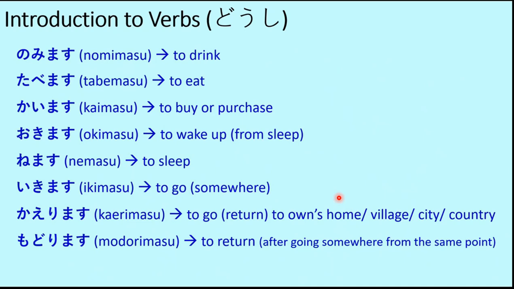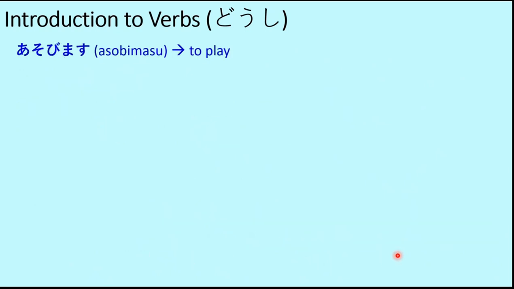So to recap, nomimasu to drink, tabemasu to eat, kaimasu to buy or purchase, okimasu to wake up, nemasu to sleep, ikimasu to go somewhere, kaerimasu to go or return to one's own home country or native place, modorimasu to return after going somewhere to the same point.